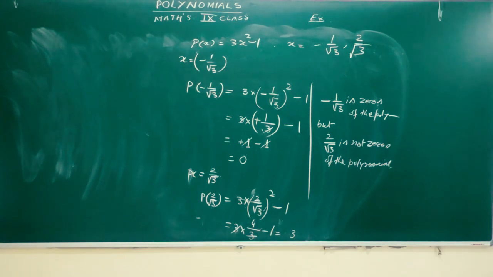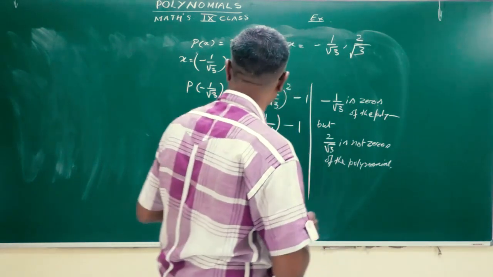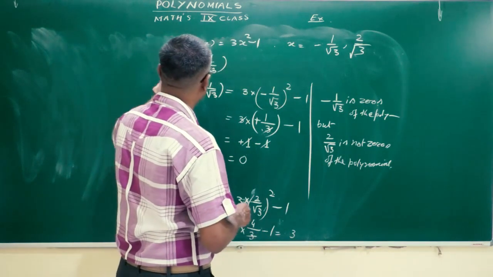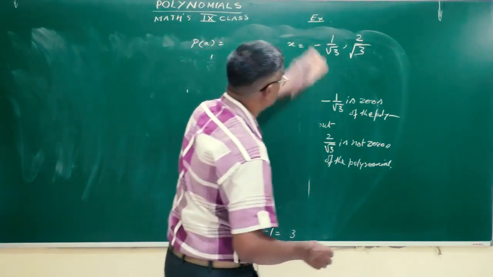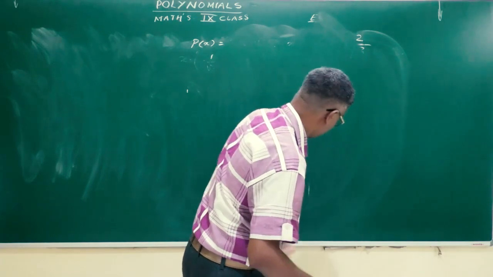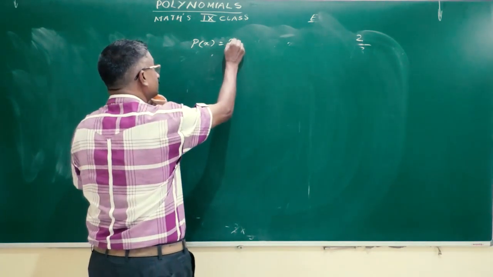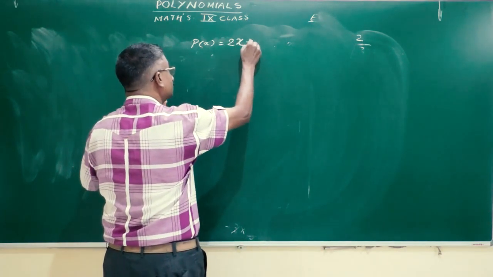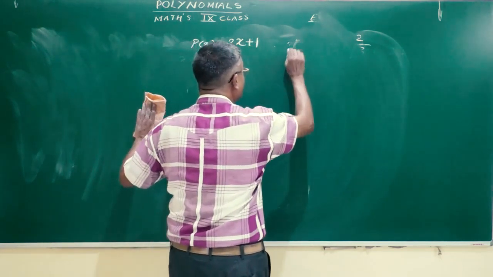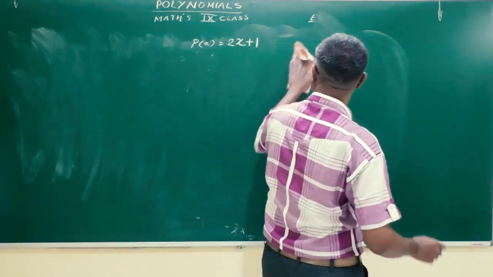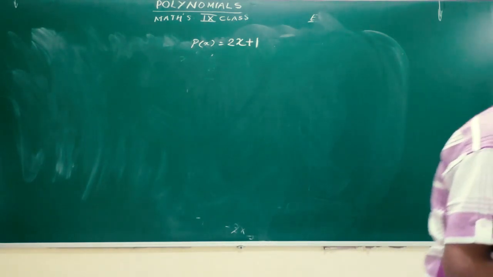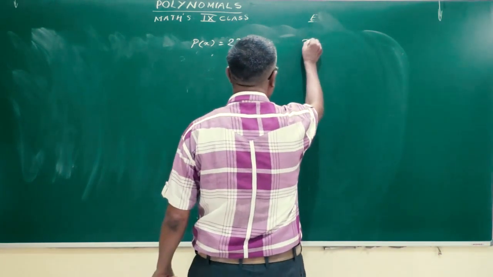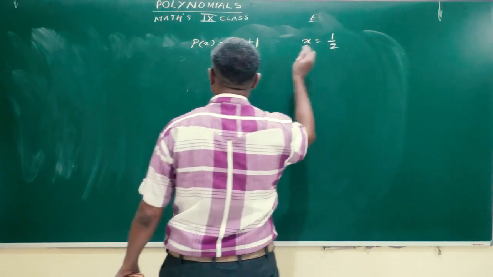So next one is 2x plus 1. Px is equal to 2x plus 1. And zero of it: 2x plus 1 gives x is 1 upon 2. X is equal to 1 upon 2.